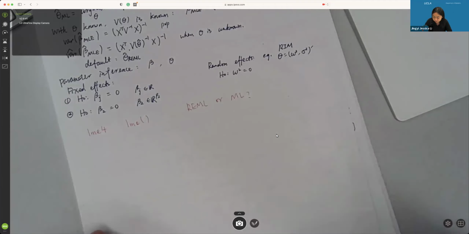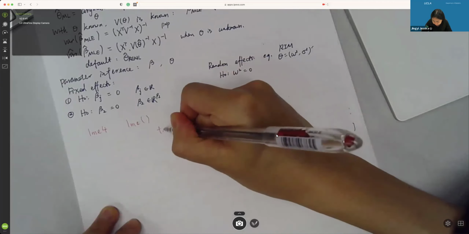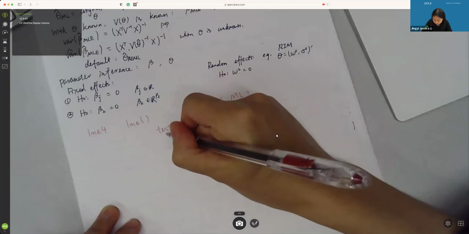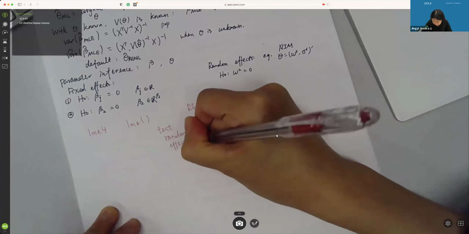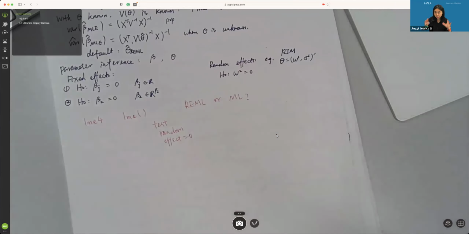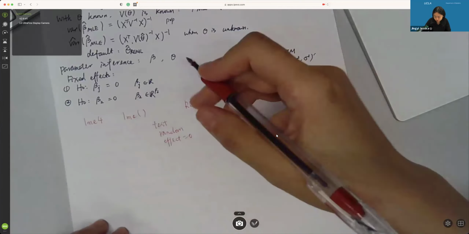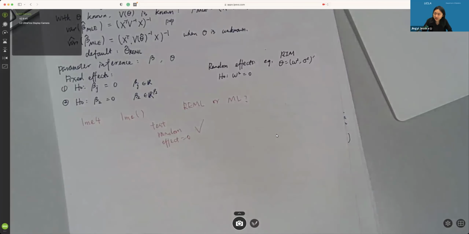So basically, if you want to test whether the random effect is 0, if that's your question, so if your goal is to know whether the random effect covariates you put into Z matter or not, you should go with REML because you care about the random component. And I think the unbiased estimator is better.